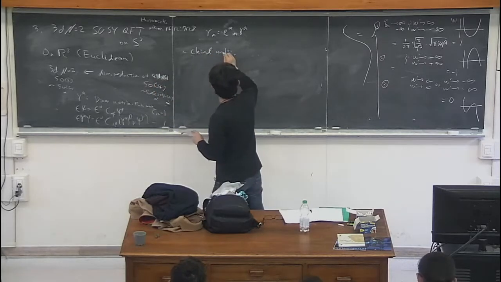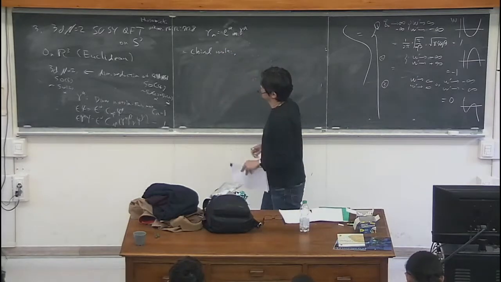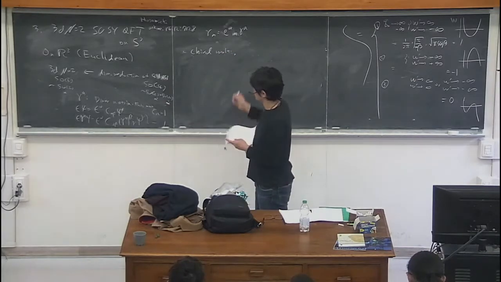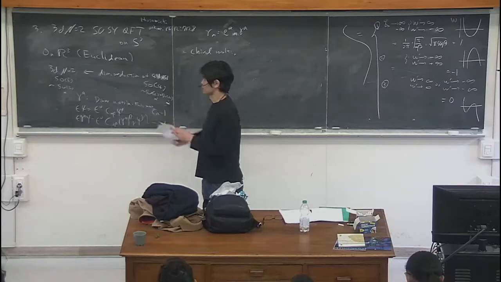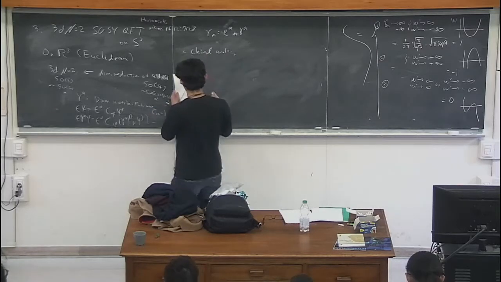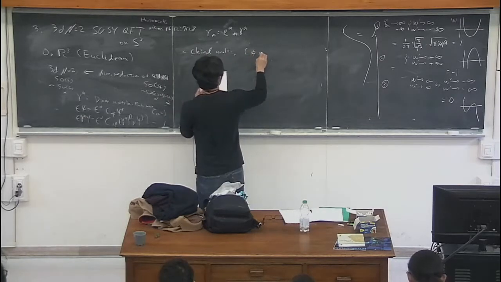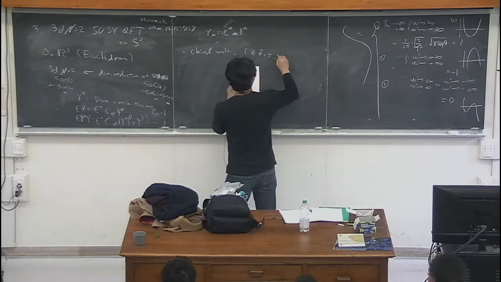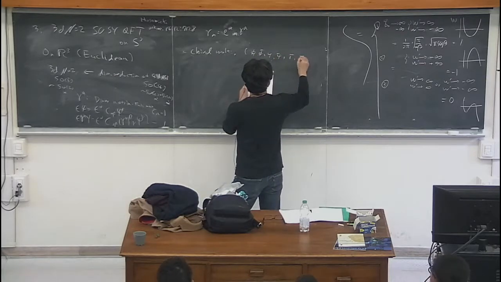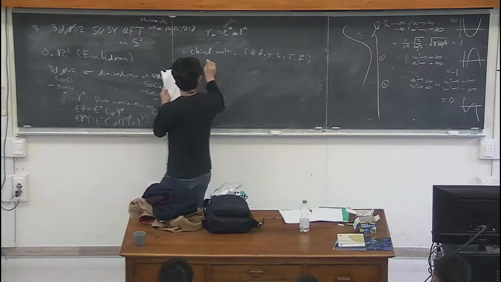And then the chiral multiplet, like for N=1, is a dimensional reduction of the chiral multiplet in 3D. This includes phi bar, psi bar, F bar, and this is the SUSY transformation.